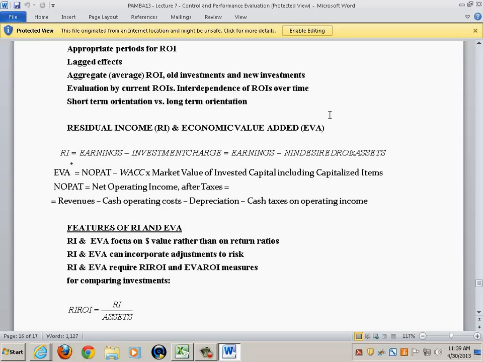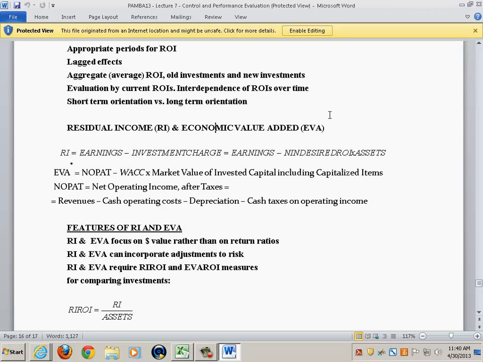So you come up with 12%, and you multiply it by the level of your assets to ask yourself, if my minimum required rate of return is 12%, how much do I have to generate to satisfy this minimum requirement? So it will be the 12%, the minimum required ROI, times the value of the asset base, and you compare this number to the actual earnings, and the difference between the two is whatever residual income remains after you satisfy the minimally required income. So that difference is called residual income.